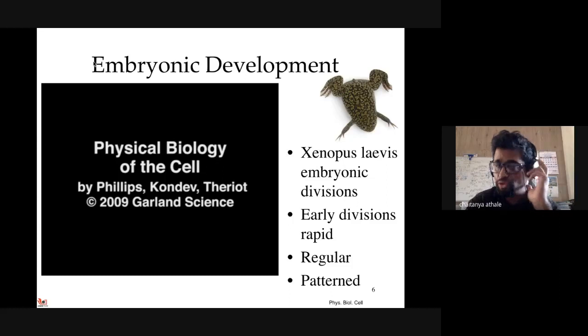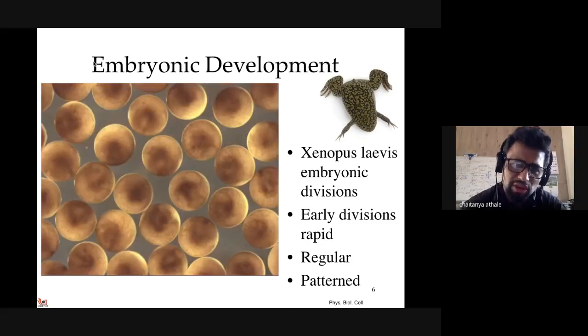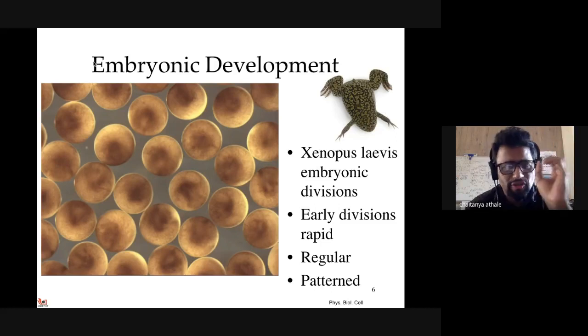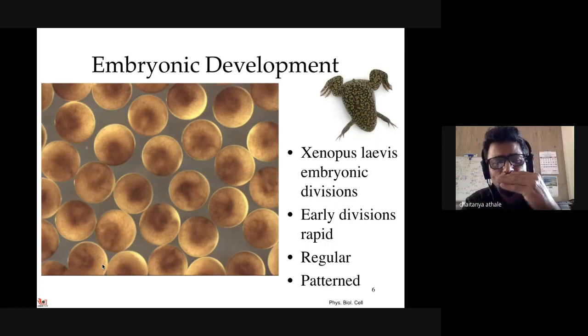Right. So what I was hoping you would have noticed, even beyond the synchronous nature of the cell divisions, is the fact that the divisions themselves are regular and result in patterns which take us from what was initially a spherical object that you see here, to a later stage which gets reduced in the degrees of symmetry that you can describe it by.